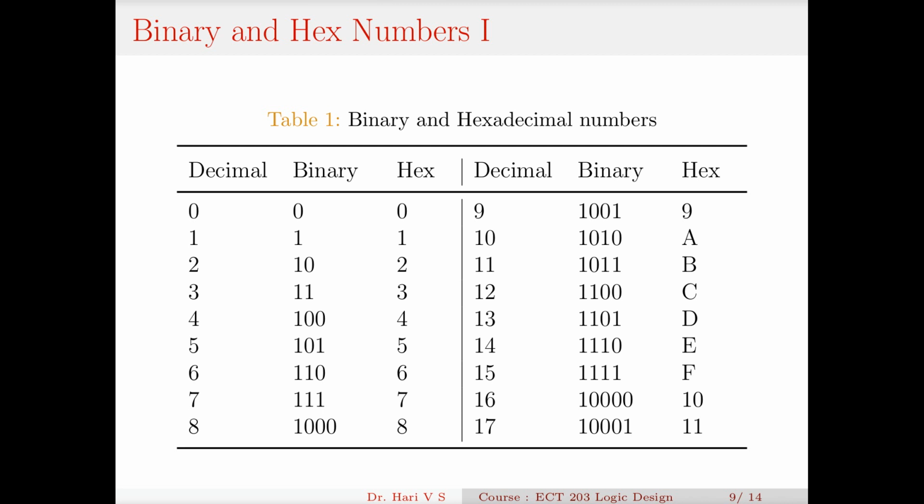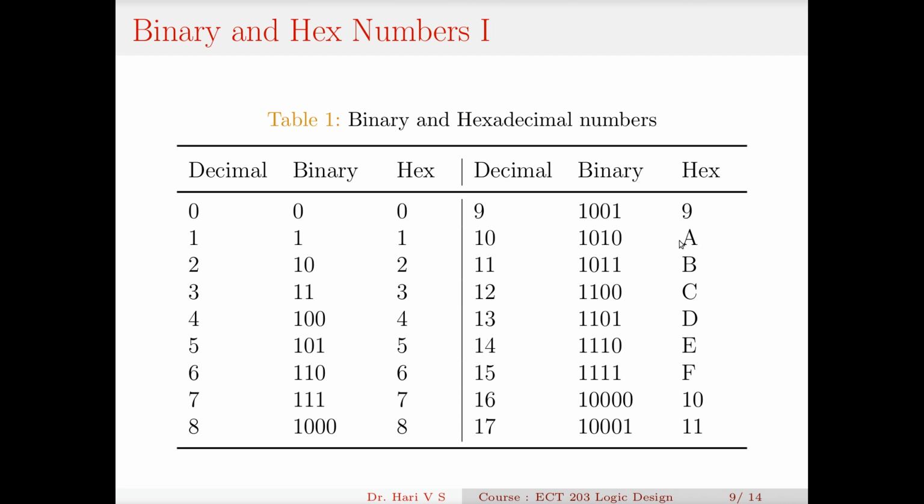If you look at the hexadecimal system, there are 16 symbols. It starts with 0, 1, 2, 3, 4, 5, 6, 7, 8, 9. But after 9 I have a problem, because I cannot write 10. Then there will be tremendous confusion whether I am writing a 10 or a 1, 0.